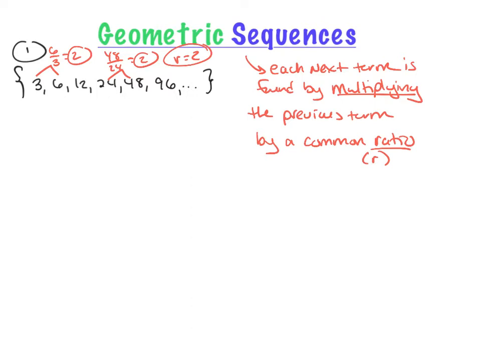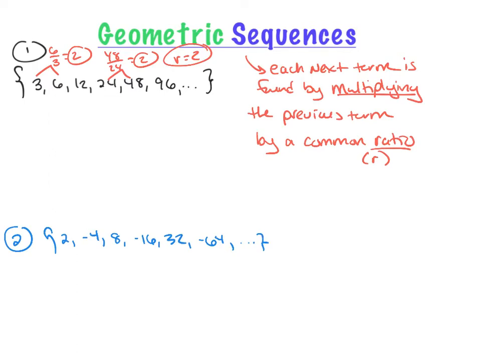I'm going to leave some space because we're going to do some work here, but another example that we're going to come back to in a few minutes of a geometric sequence would be the sequence 2, -4, 8, -16, 32, and -64, and so on.